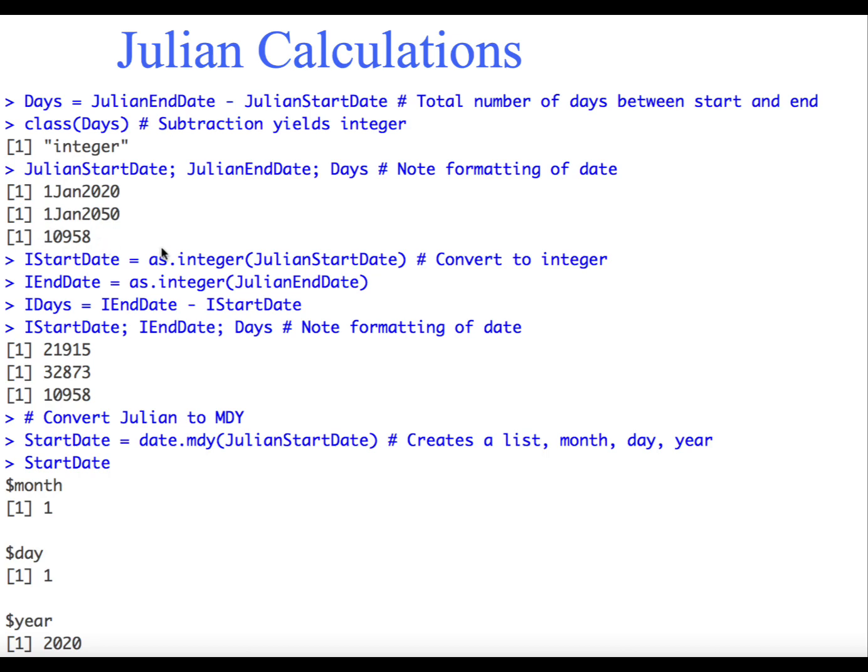An alternative is I could convert these date variables into integers themselves, take the subtraction, and then the outputs are all expressed as an integer. And so this is a way to go from a Julian stored date to the number of days. Alternatively, it may be that we have a Julian number and we want to convert it to a start date. When we do that, we'll use the function date.mdy, and this basically returns a vector.